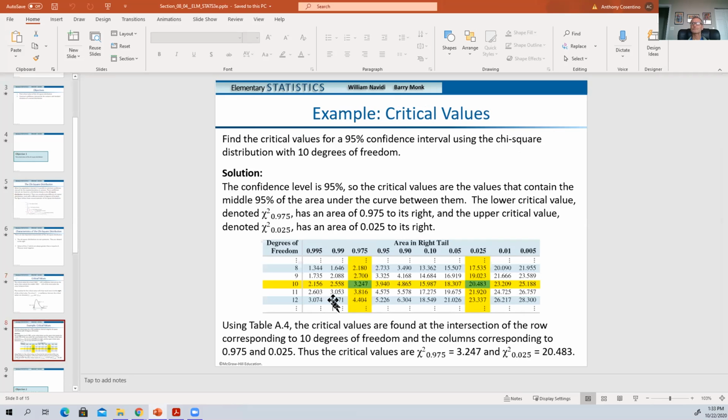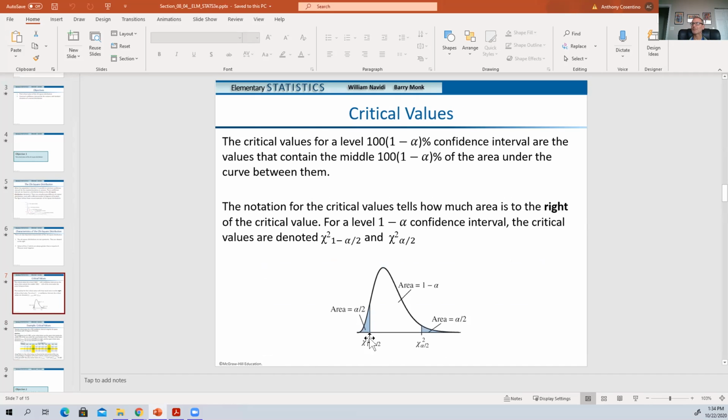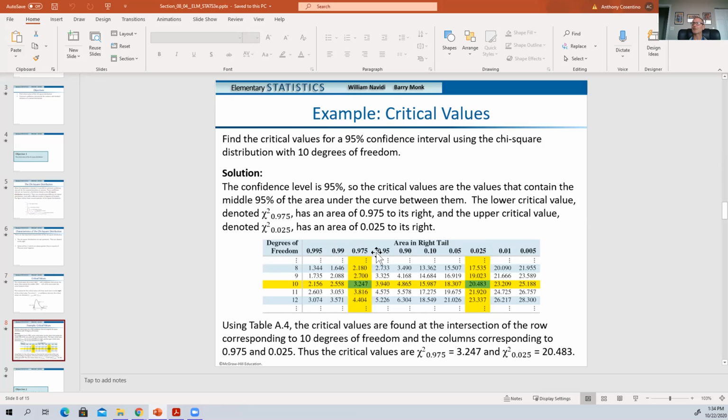So how do you find these z-scores, but now they're called chi-scores, I guess we could call them? You have to look them up in the table. The book has it as table A.4. Here you have the degrees of freedom, and here you have the tails. Remember, we're going to have two tails. One tail would be at the low end, and the other tail is going to be a big one. If you look at this, you can see that the upper end is going to be the 90, 95, 97, et cetera.